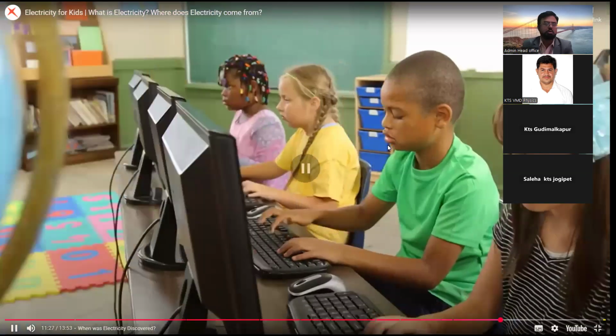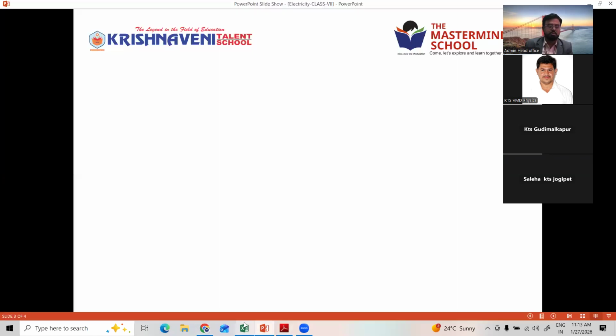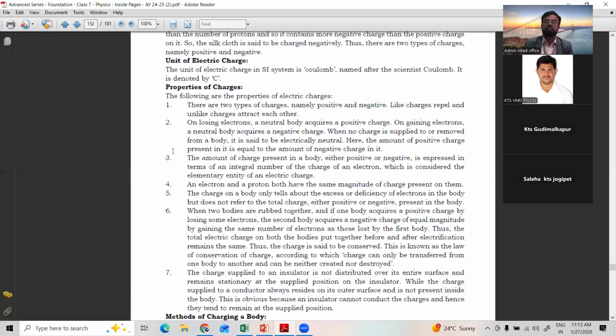Okay, so a lot of things are explained here about electricity. Clear? There are so many ways to get electricity: from thermal, from water, from garbage, from solar light. So many ways you can get the electricity which you are using domestically at home also. There is also electricity which comes from transformers, or maybe an inverter, maybe a generator.